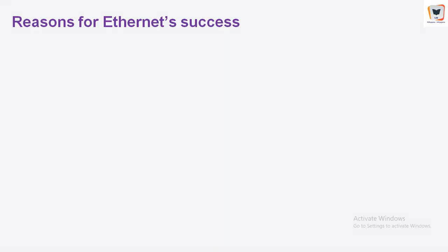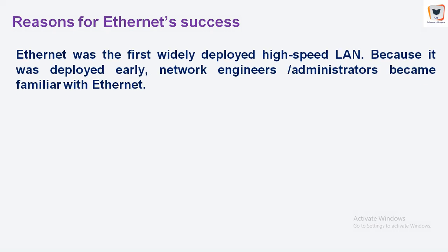There are many good reasons for Ethernet's success. First, Ethernet was the first widely deployed high-speed LAN. Because it was deployed early, network administrators became intimately familiar with Ethernet, its wonders and its quirks, and were reluctant to switch over to other LAN technologies when they came on the scene.